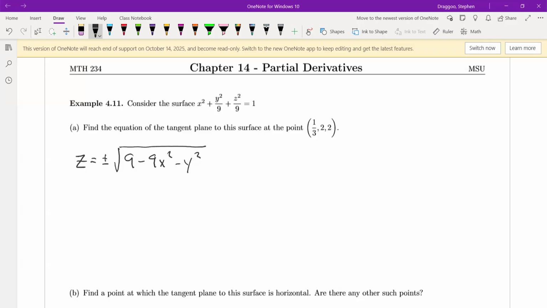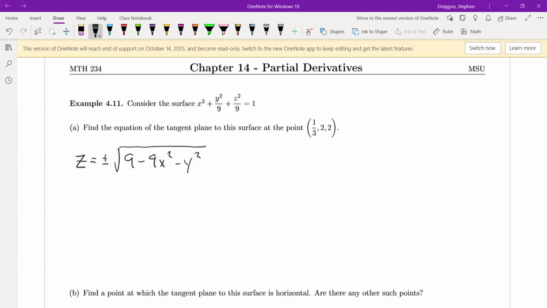Which isn't great, because if I'm trying to find a tangent plane, I usually need a function. Technically, this surface isn't a function, but I could turn that implicit surface into a function by picking just one of my plus or minus, and then finding a tangent plane to that new function that happens to overlap with the surface at the correct point.